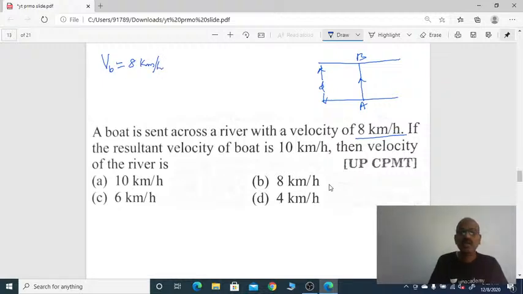Now BC, this is C now. BC is the velocity of river.